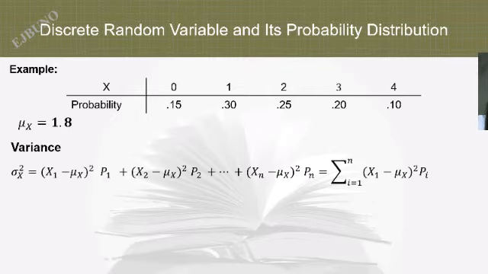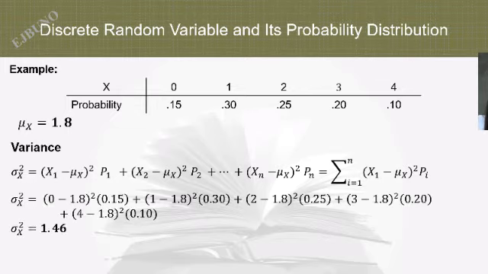Sigma squared sub x is equal to the square of x sub 1 minus the mean times p sub 1 plus the square of x sub 2 minus the mean times p sub 2 plus, until the square of x sub n minus the mean times p sub n, or we can say that as the summation of the square of x sub i minus the mean times p sub i. Substituting all the values, we can get the variance of 1.46.